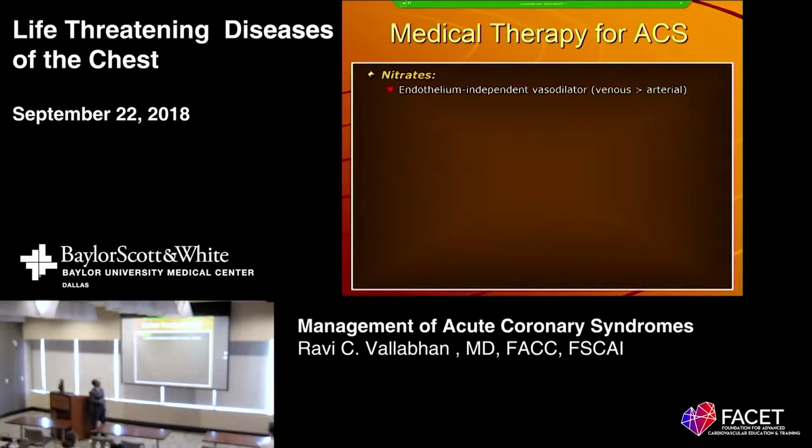What about nitrates? Nitrates are an endothelium-independent vasodilator, and they work preferentially on the venous system, more so than the arterial system. That's the reason why, if your patient is non-hypertensive and you give them nitro, their blood pressure many times bottoms out, okay?